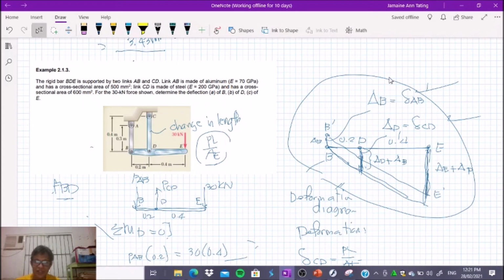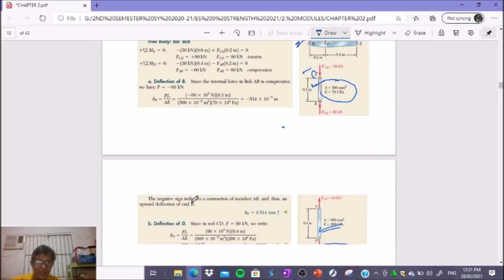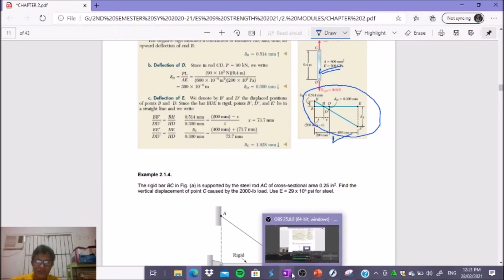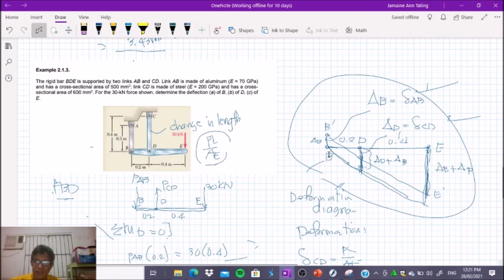Okay? So, kaya dito, sa solution dito, medyo magiging mahirap pa, kasi yung diagram na. Basta tandaan nyo, itong tinukoy ko dito, mas madali ito pag sa mga trigonometry. Ito na lang gagawin niyo, ng diagram na ito.